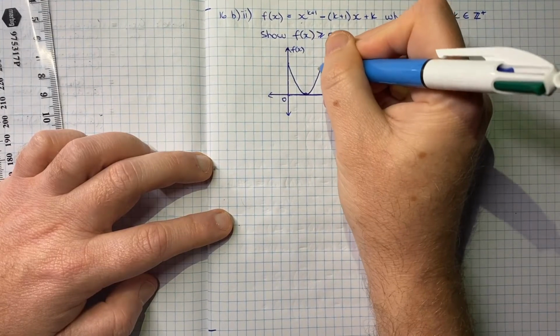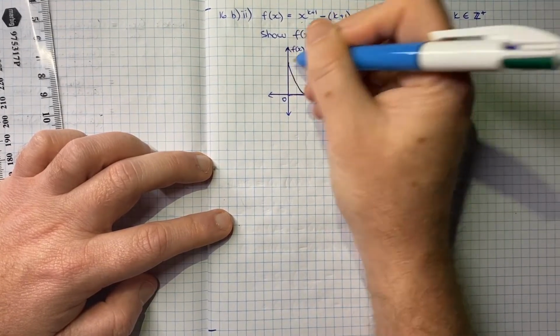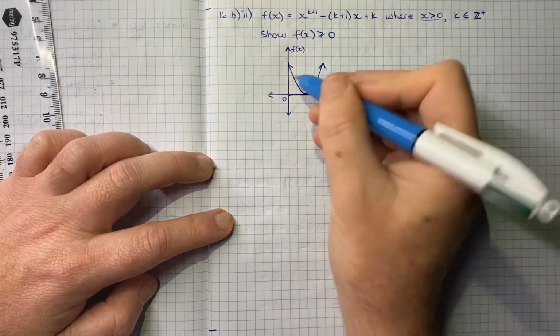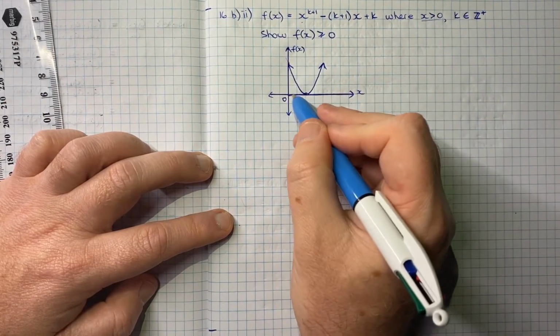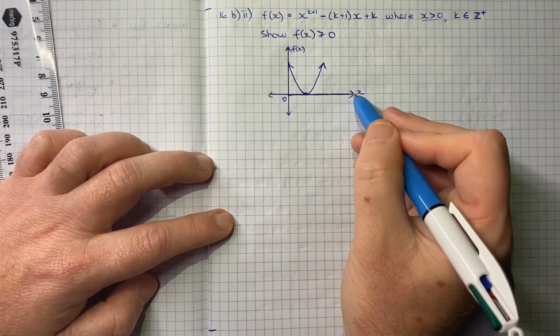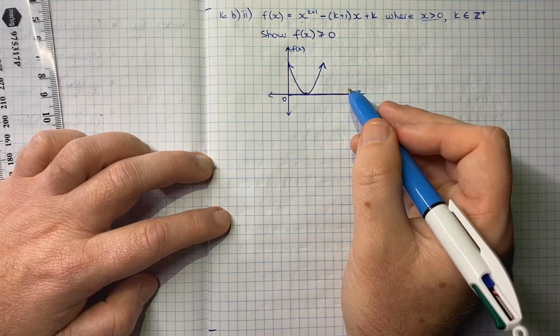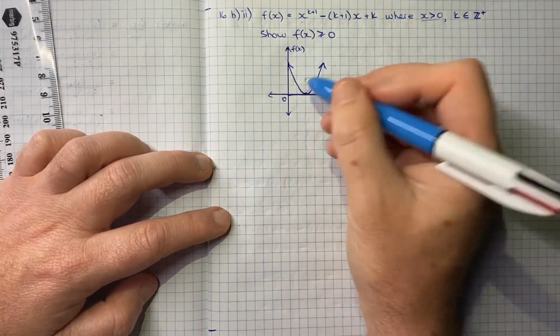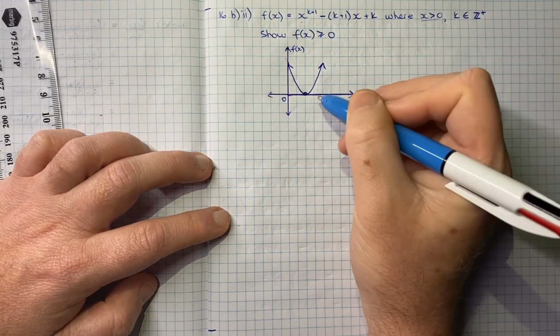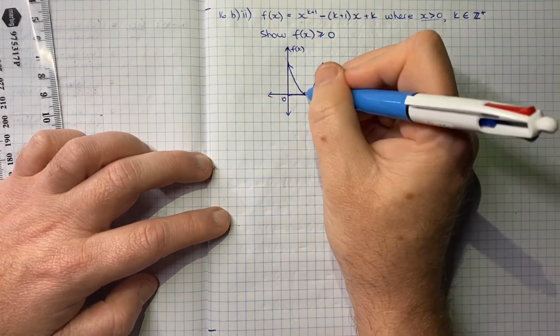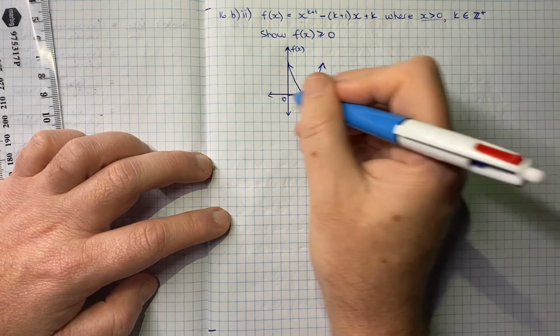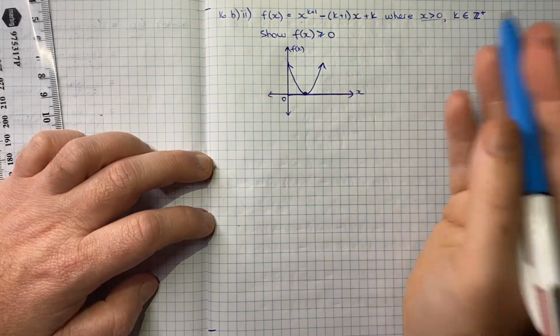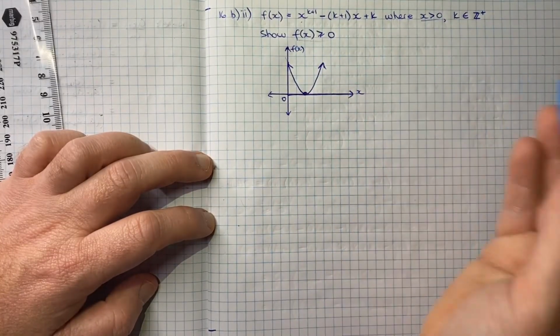It'll keep going in this direction too, although for this question we only care about x positive. It's a very simple idea: if you've got a curve that's only got one turning point, it's a minimum turning point, and that turning point is on or above the x-axis, you can conclude it's always above 0.